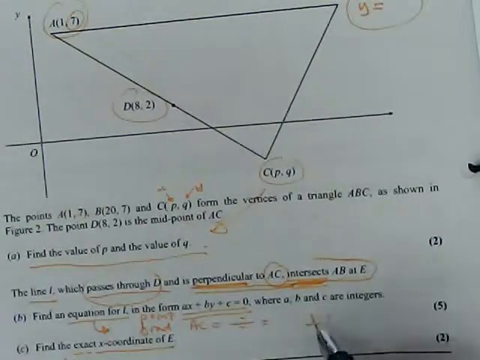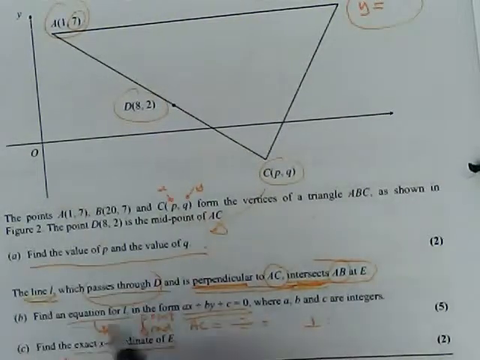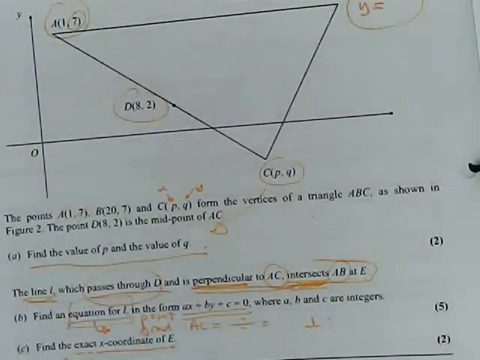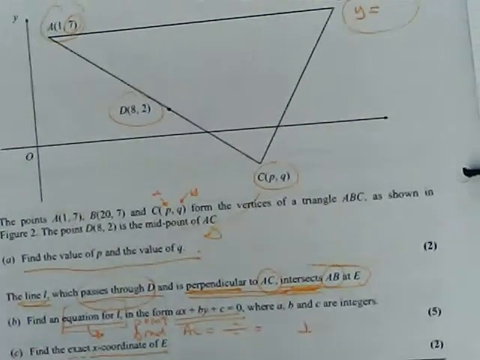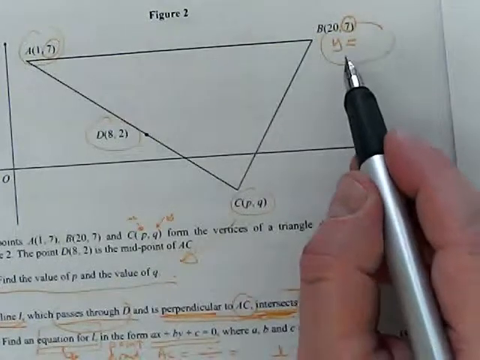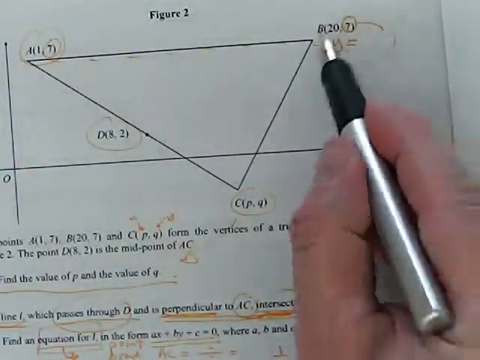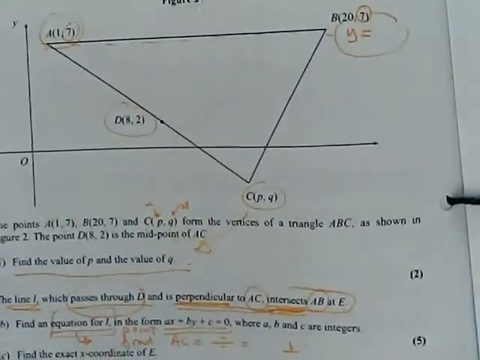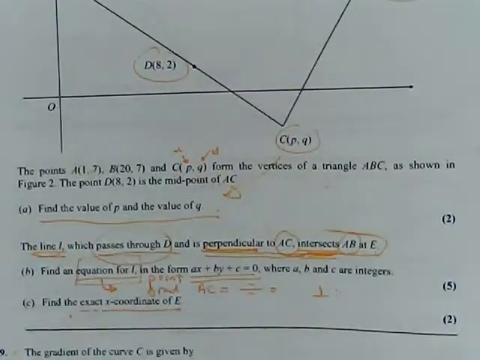The other one is, what is it that's intersecting with AB? Well, it's this line that I've got the equation of in part B. So if I take my equation from part B and solve simultaneously with y equals the number, the equation of this line here, in other words, I'm plugging this value for y into the equation you've got in B, and that will give you something you can solve to find the x coordinate of E.